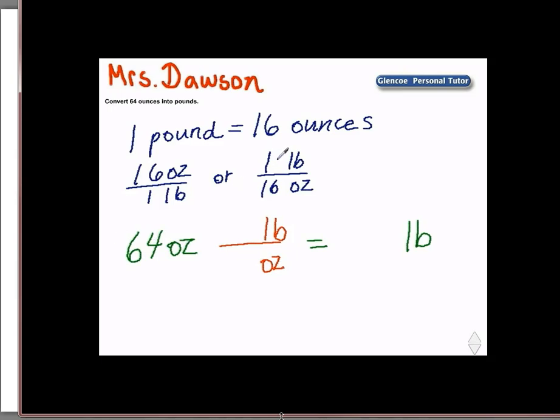The unit ratio, 1 pound over 16 ounces, allows us to do that. 64 ounces times 1 pound divided by 16 ounces leaves us with 4 pounds. So, 64 ounces equals 4 pounds.